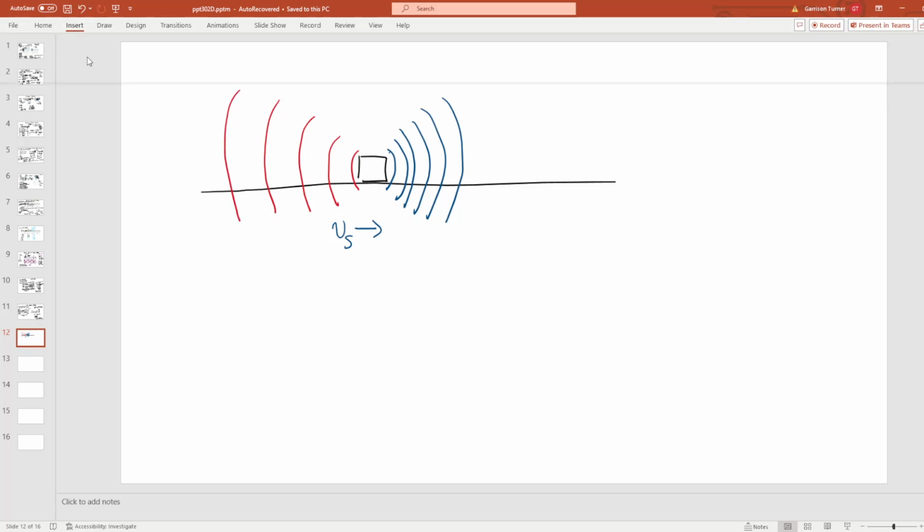And so observer A and observer B both hear frequencies that are different than the frequency the siren is actually giving off.